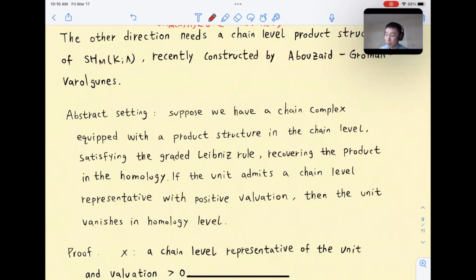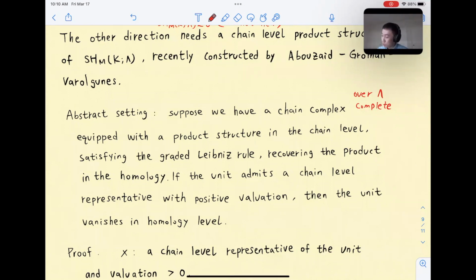So now let me state this abstract setting. Suppose we have a chain complex over the universal Novikov ring, and we assume it's complete. And probably we need to assume it's free, or quotient free. Let's say free, so it's just a vector space, equipped with a product structure at the chain level.